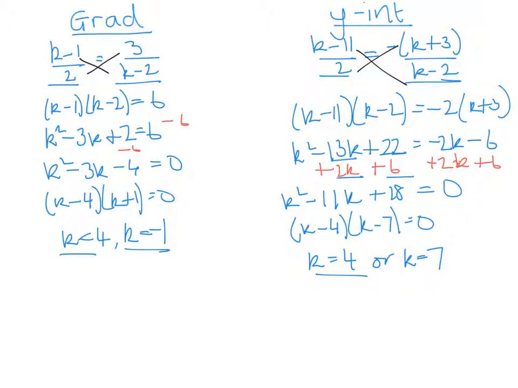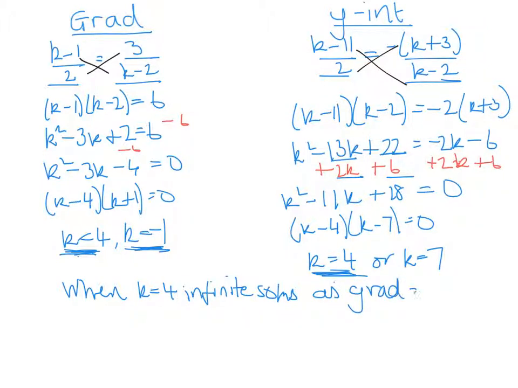What we want to do is figure out where there is no solution. When k equals 4 or when k equals minus 1, the lines are parallel. But when k equals 4, we have the same gradient and the same y-intercept. That would mean there is an infinite number of solutions. So when k equals 4, infinite solutions, as the gradient and y-intercept are the same.